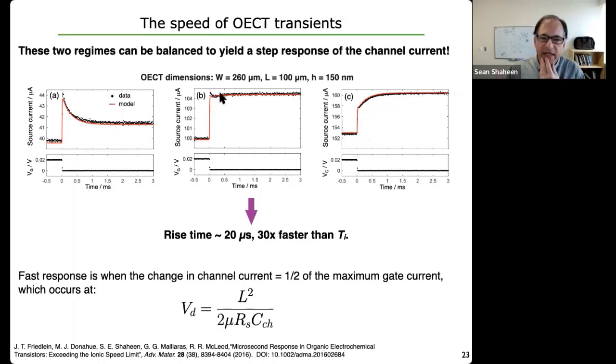You get the fastest time dynamics at this sort of magic point where the drain voltage is proportional to some geometric factors of the device divided by the channel capacitance. At that specific drain voltage, you get this more or less instantaneous rise in the source current. In this case, we went from operation of milliseconds or longer to about 20 microseconds.